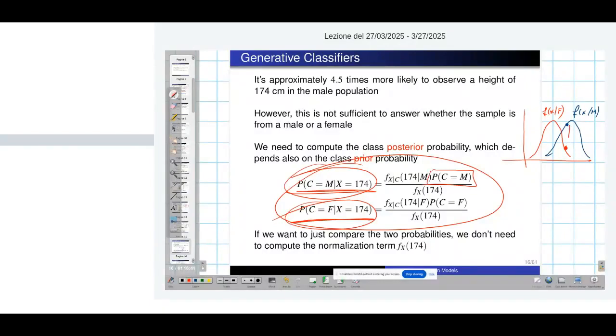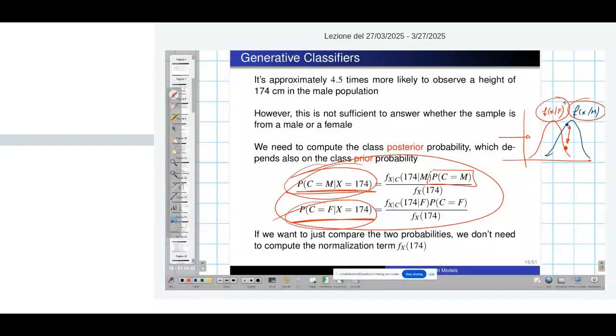That does not depend only on the ratio of these two values, but also on how many males I have in my population. Imagine that. Remember that these are densities, class conditional densities. But what I want to compute is the joint probability of male and 174, female and 174.